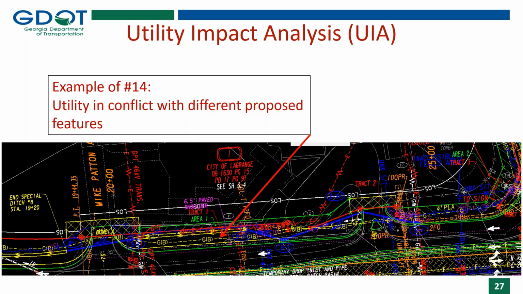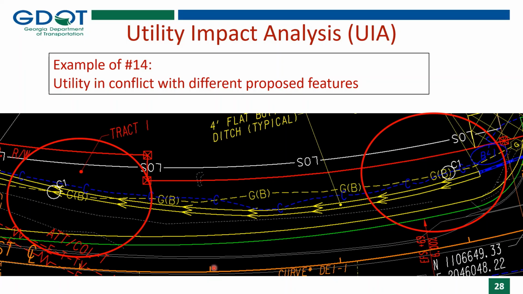All right, let's start at the beginning. So this gas line, starting at the beginning of the start of the project, the gas line is in conflict with the proposed ditch. So we have the start of the conflict here.